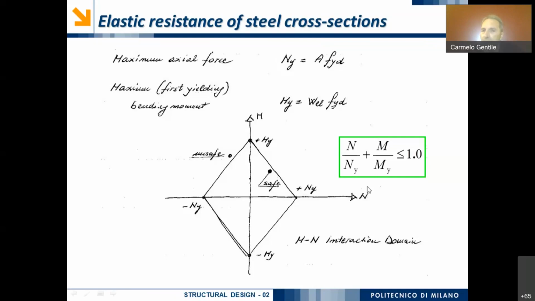If I denote the axial force and the bending moment coming from our computation as N and M, analytically I just have to check that N over N epsilon plus M over M epsilon does not exceed the unit value.